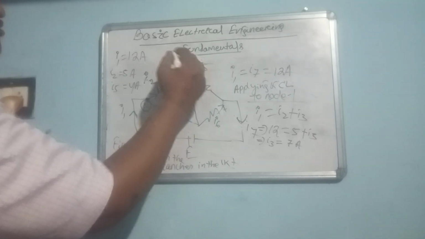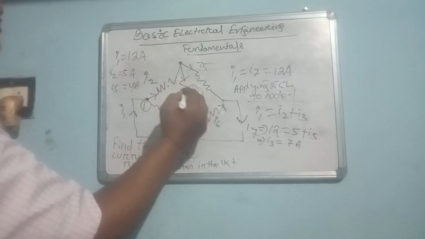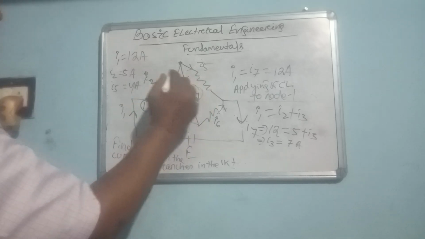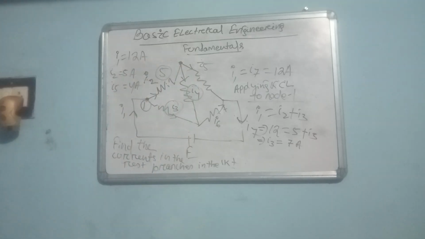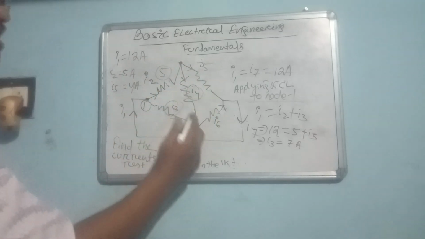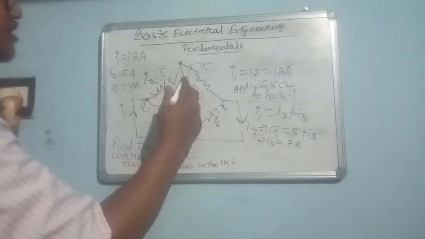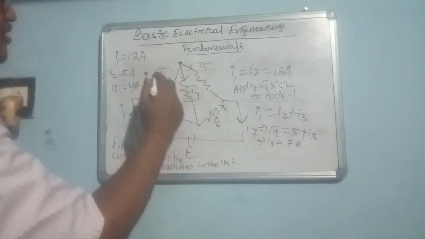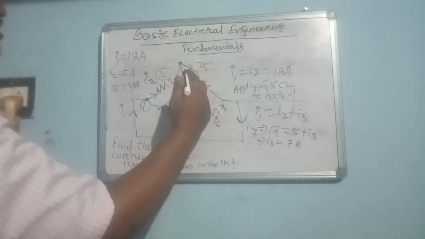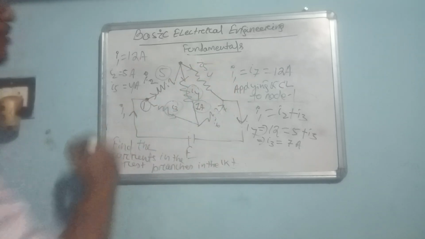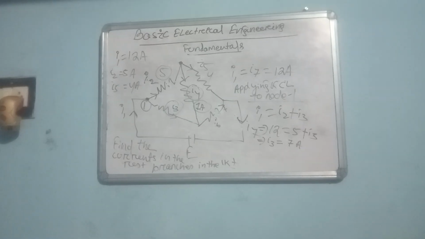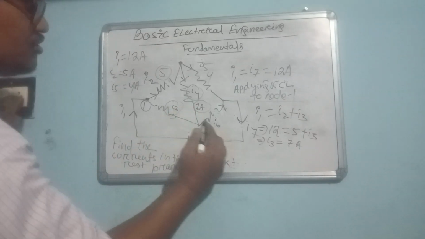Similarly, we can find I4. If we apply KCL here, this I2 current is 5 and I4 and I5 are outgoing. I5 is 4, so I4 will definitely be 1 ampere. Now this is your I6.